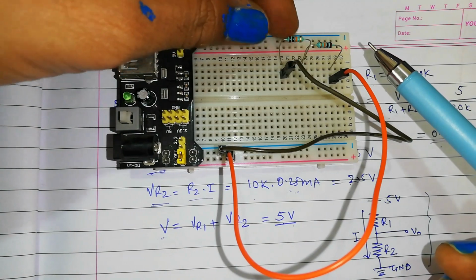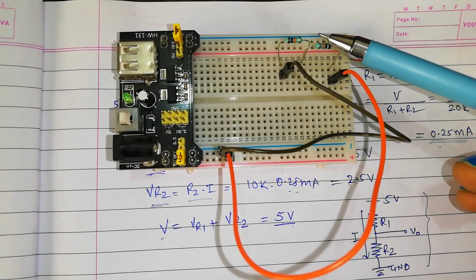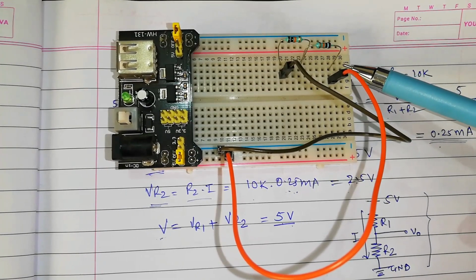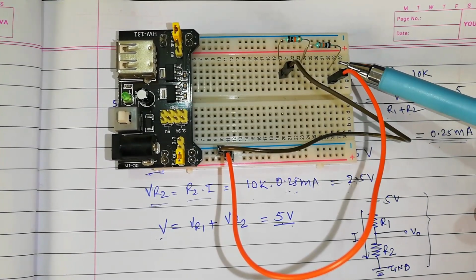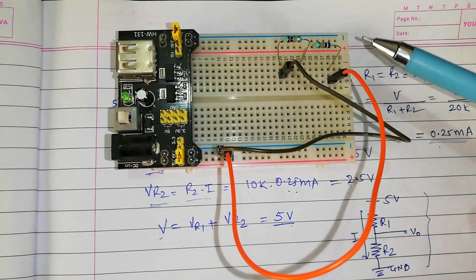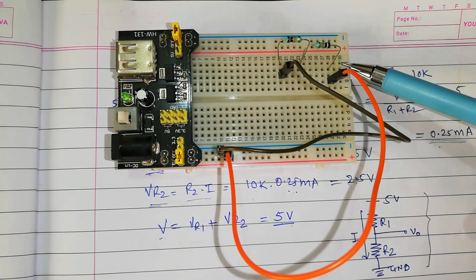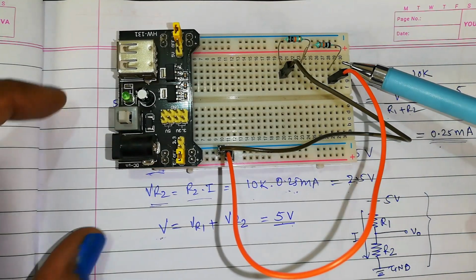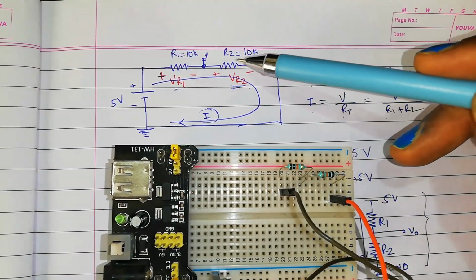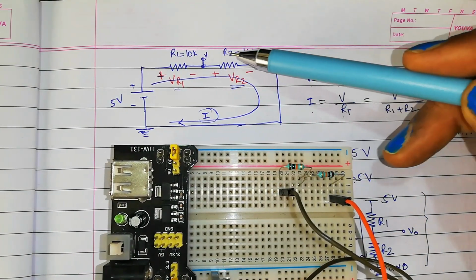As you can see, the resistors are connected in series right here, and the positive goes to one end of R2. This is your R2 and that is your R1. Because it's a series, I can swap the position of the resistors also, it doesn't matter, and they are equal values.